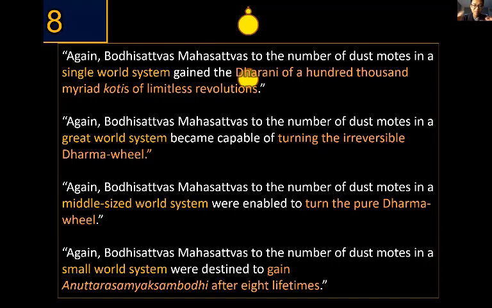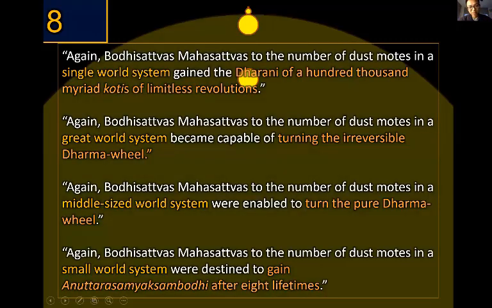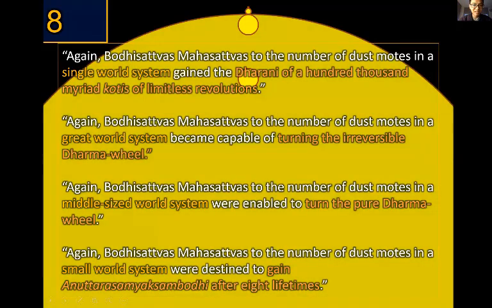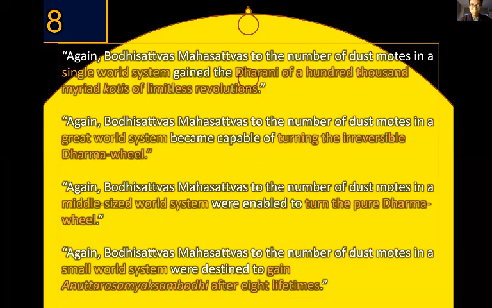And 1,000 middle-sized worlds will give you a great world system. Again, it's just a number. Just use the picture. A great world system is like 1 with 9 zeros behind. There's 1 billion small world systems. This amount is so huge.